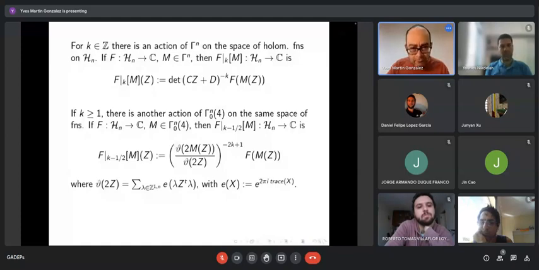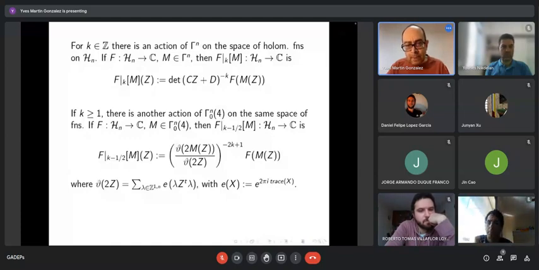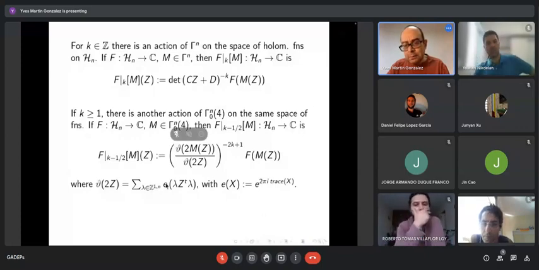Take a function f, take a matrix M now in gamma 0, 4, and construct a new function from Hn to C, which is the one that you get when you multiply this special factor here, this quotient of theta functions raised to some power minus 2k plus 1, times f evaluated at Mz. So it's very similar to the previous one, except that now the factor in front of f is different.